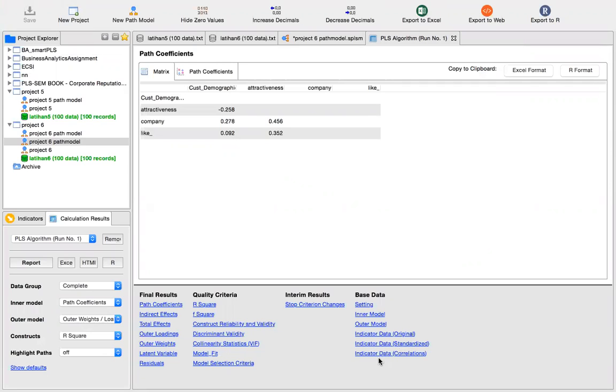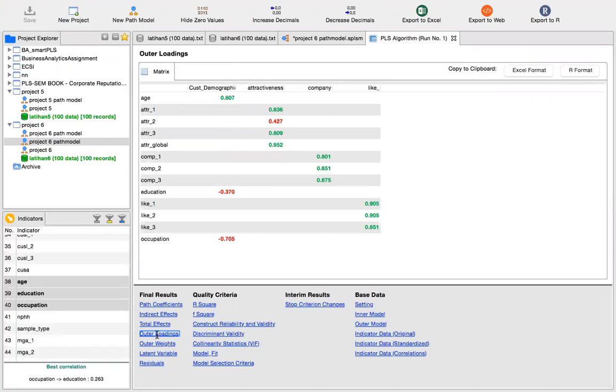We're going to open the outer loadings. In these outer loadings, all the values must be above 0.7. If there are values below 0.7, they must be deleted.